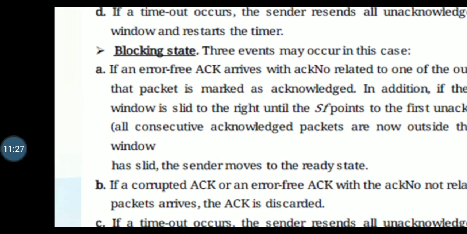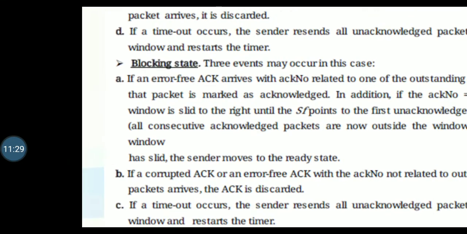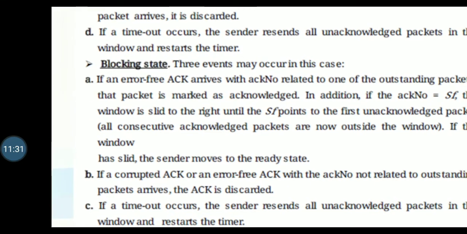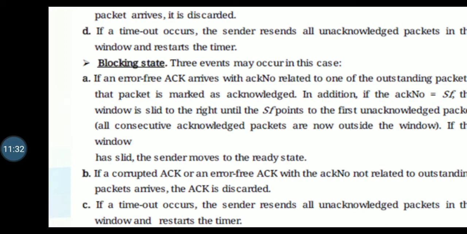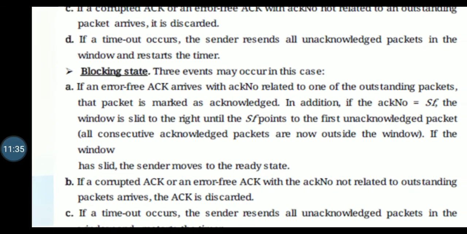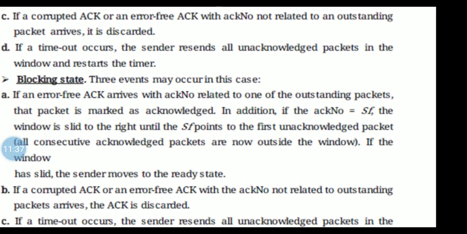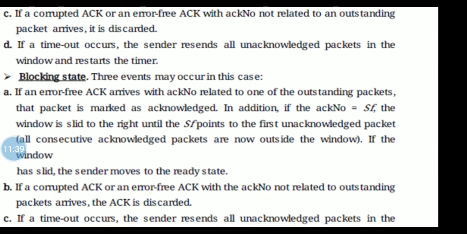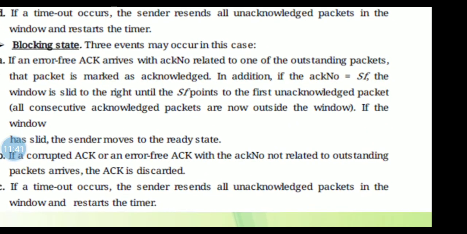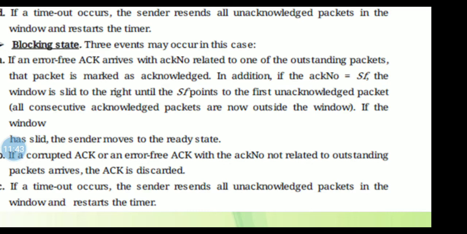Next, blocking state. Three events may occur in this case. One, if an error-free ACK arrives with an acknowledgement number related to one of the outstanding packets, that packet is marked as acknowledged.